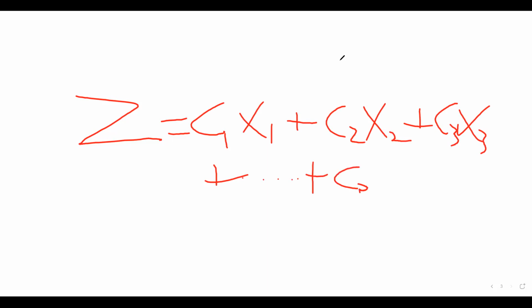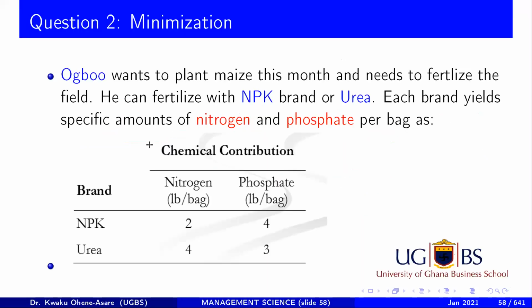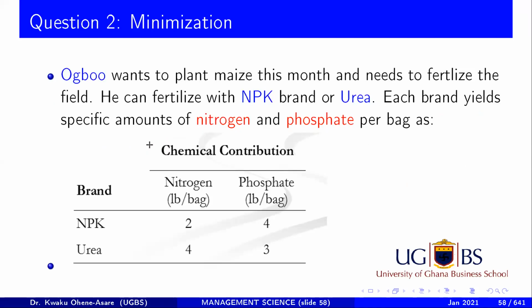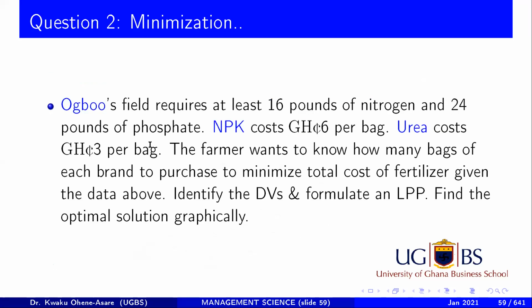So if you have a particular cost, you have to look for the storyline and identify which one has a cost or a benefit associated with it. Looking at this, you mentioned nitrogen, phosphate, NPK, urea. Which one of them has got some costs or some revenues or some profits or some distance traveled or some audiences and things like that? Which one has got that associated with it?